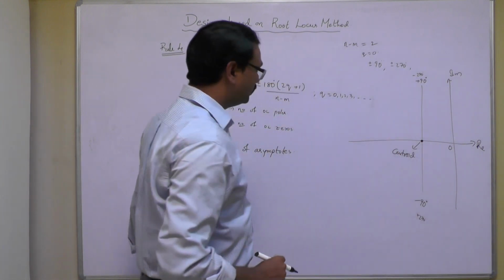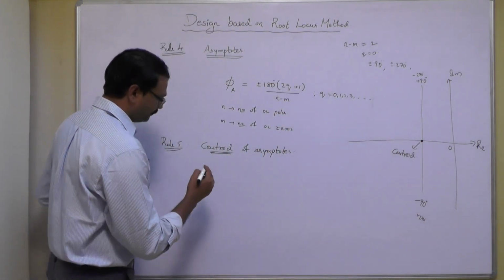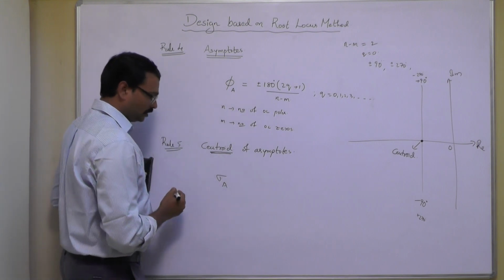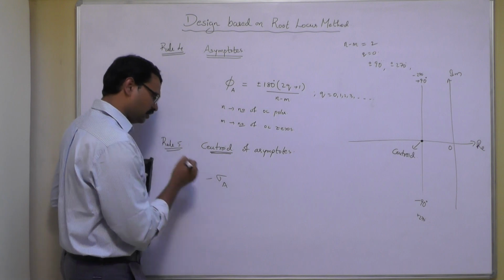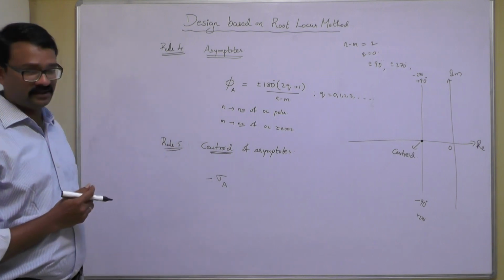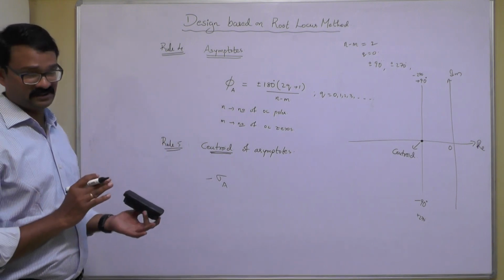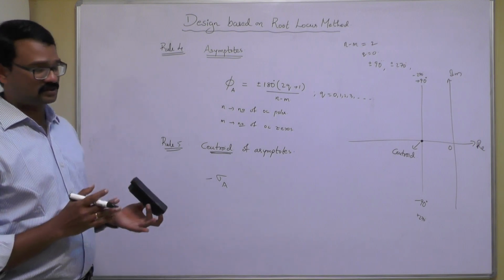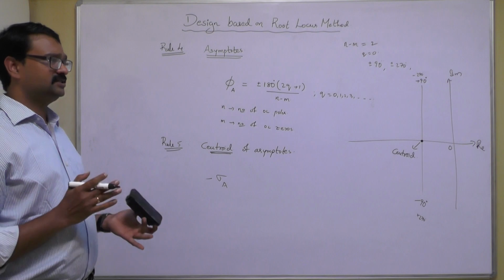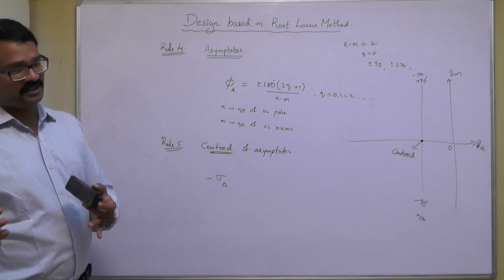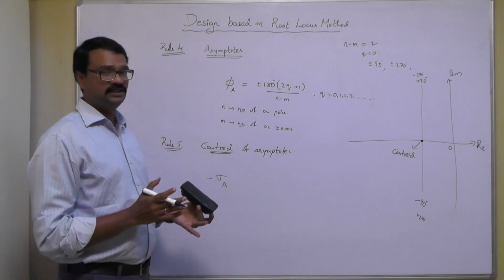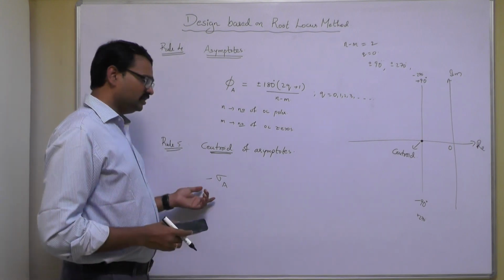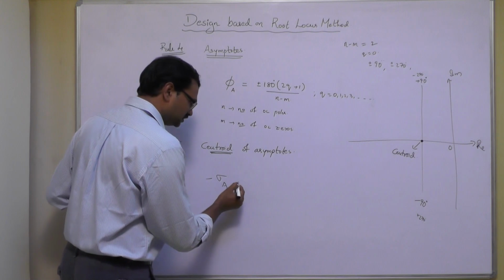And centroid of the system can be obtained by sigma A, because it should obviously be lying on the negative part of the real axis. If you are going for continuous time control systems, negative part is always contributing to the stability. Maximum the poles and zeros, we will be trying them to be pushed towards the stable region, that is which is lying on the left half of S plane. We consider these values. That is not at all an issue.